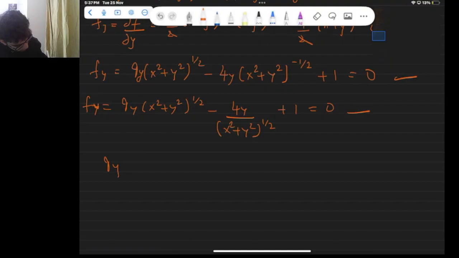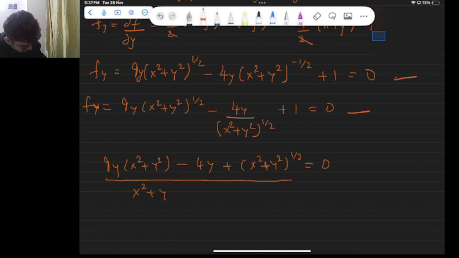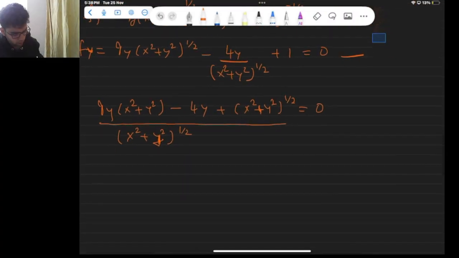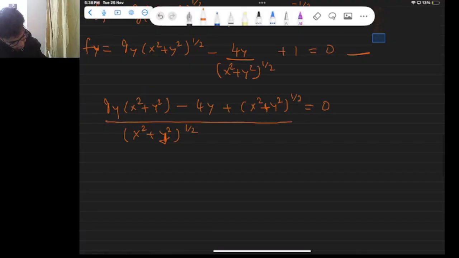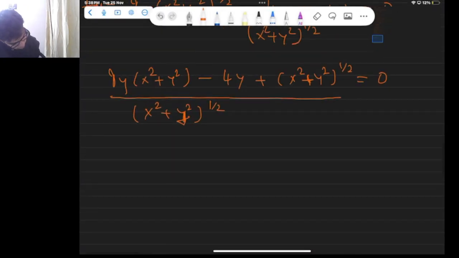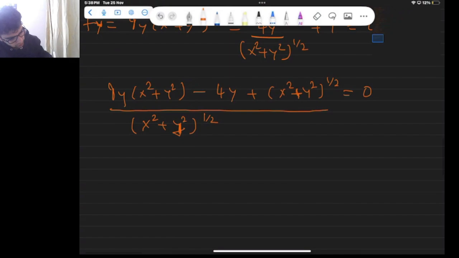So this will give me 9y (x square plus y square) minus 4y plus (x square plus y square) to the power half, which is equal to 0, and in the denominator I'll be having... so this is our expression.